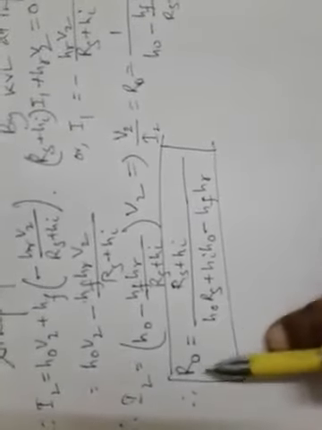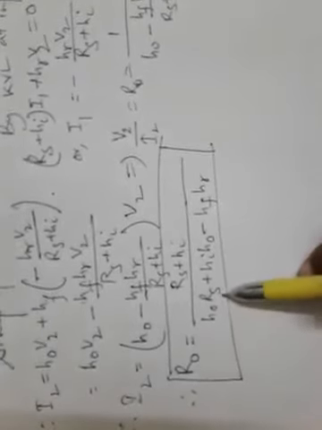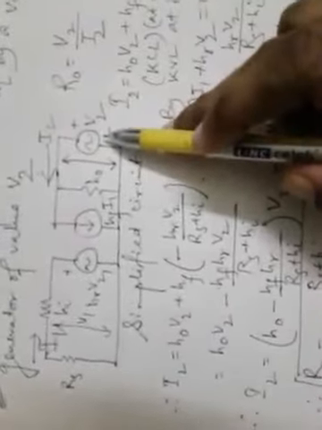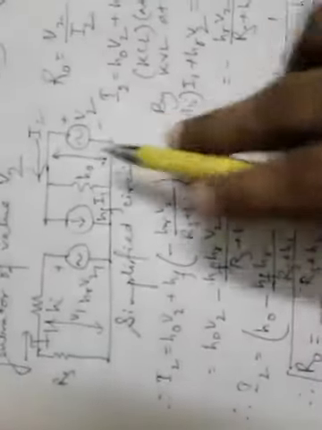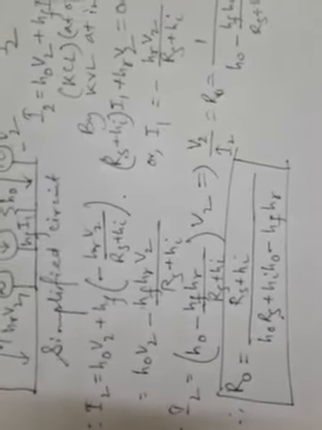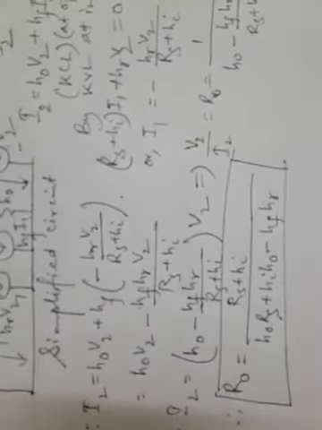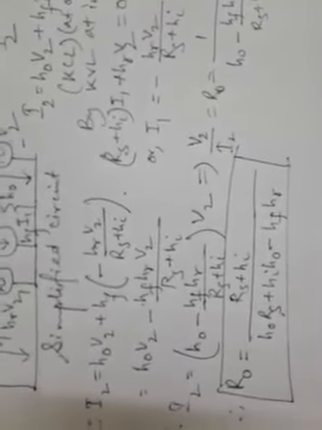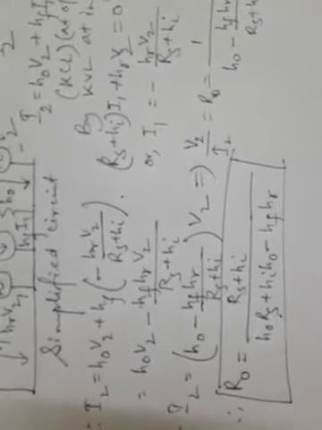From here you can see the output resistance is a function of source resistance RS but not a function of load resistance RL, and it should not be so, because the load resistance has been replaced by this source voltage V2. While we calculated the input resistance, it was found to be dependent on load resistance. That means vice versa, from either side the resistances are interrelated.